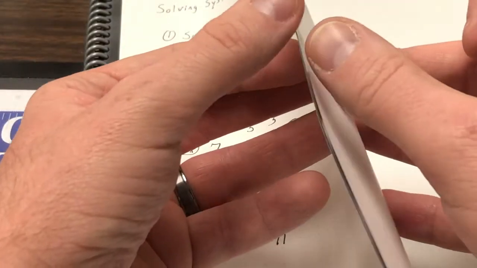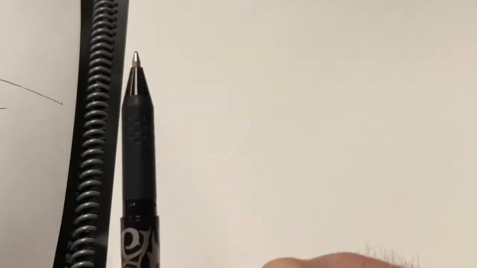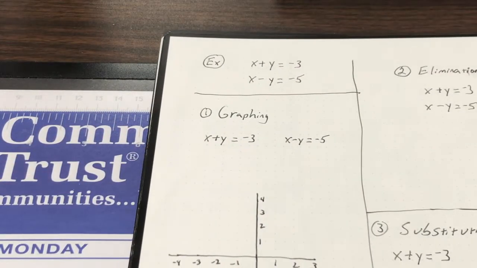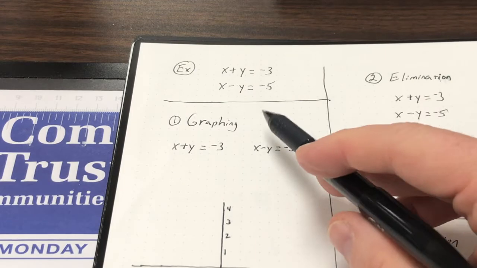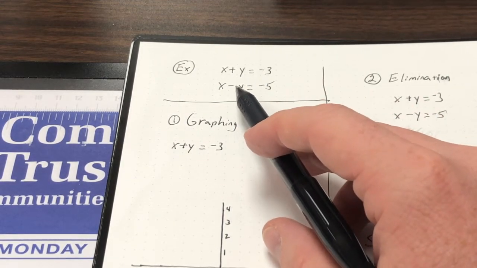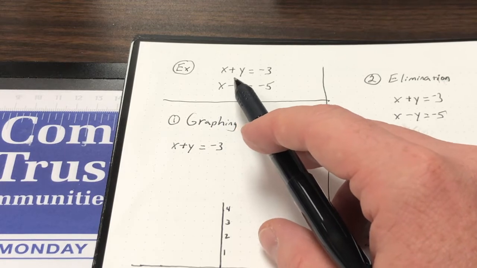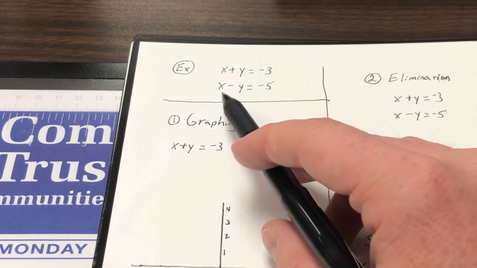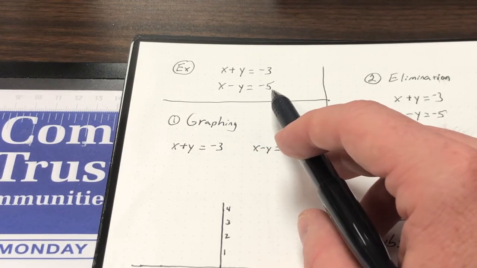Now you're also going to get to some examples that require you to have two variables to look at. So now you're looking for an exact point. If you're working on the handout that I left you, you've got x plus y equals -3, x minus y equals -5.